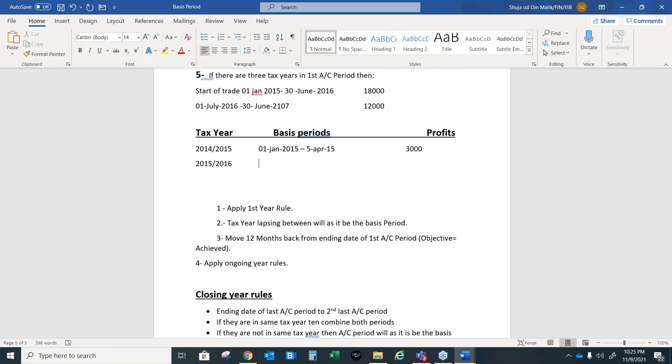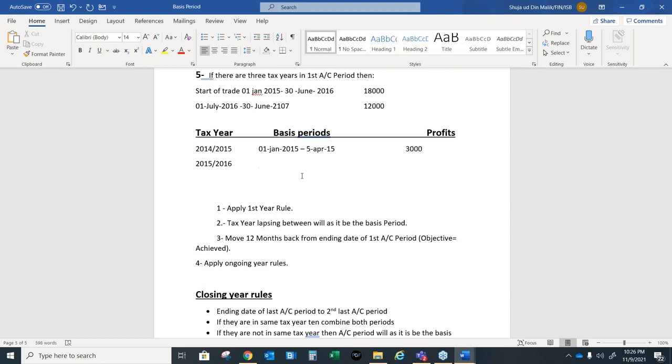There is no limitation if we go 12 months back from 30th June 2016, we will be arriving at 1st July 2015. In the previous basis period, we have only taxed till 5th April 15. So if we reach July 15, April, May, June are the months that will not be taxed.